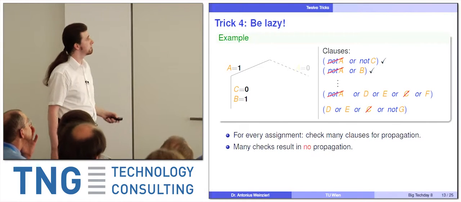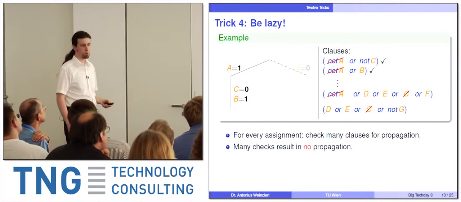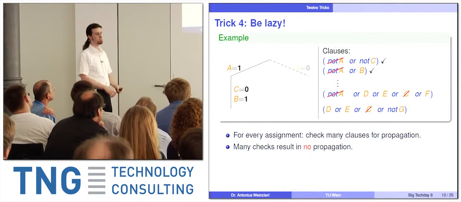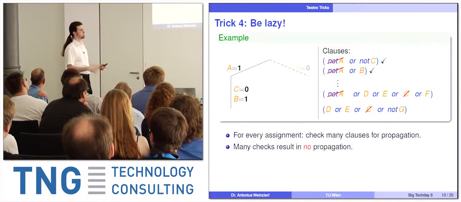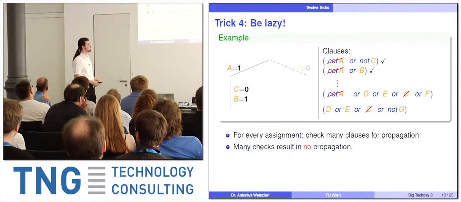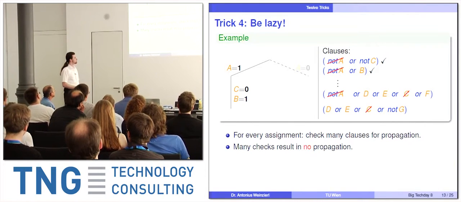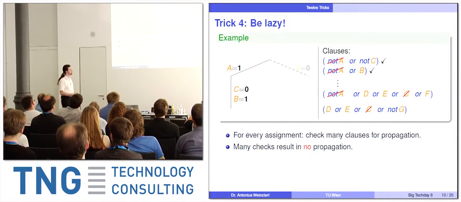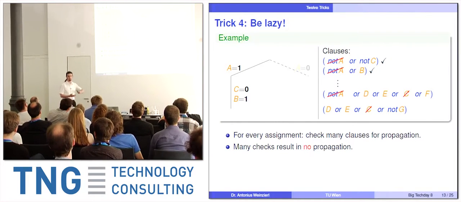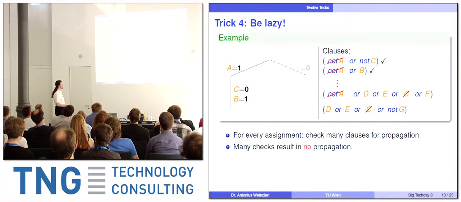So for the C, we have to check all the remaining clauses where there is a C, and we have to delete it from the clause or somehow mark it that it does no longer contribute. So this results in many checks, many clauses to be processed every time for every assignment.